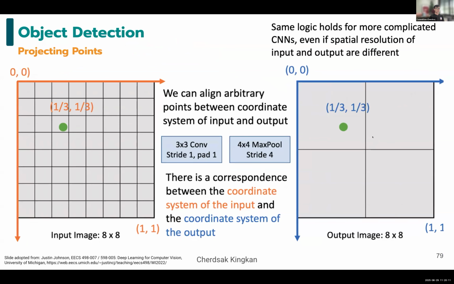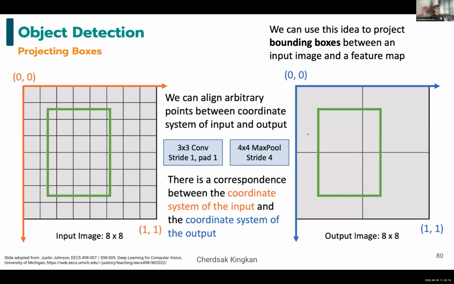We are still able to find the location of one point in the input in the output. So we can use this idea to project a bounding box between the input image and a feature map. That's why we need to understand this, because we need to project a bounding box from the input to the feature maps.